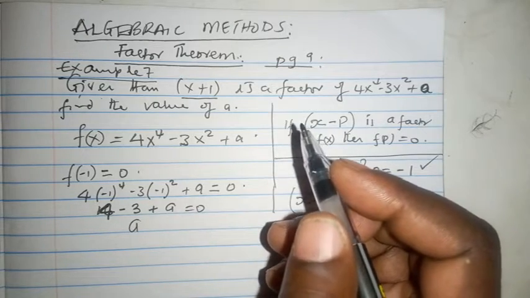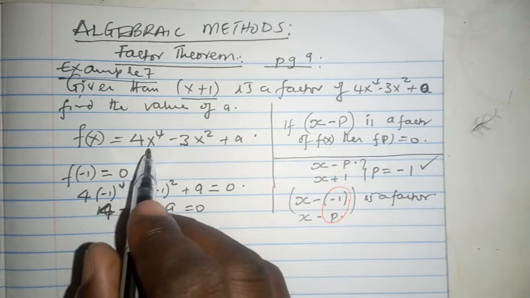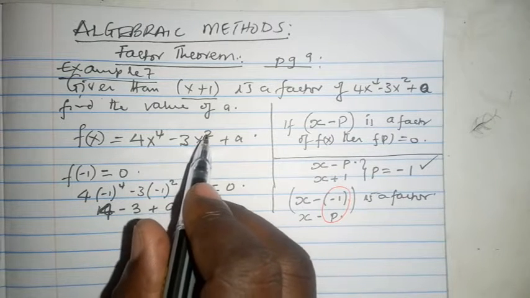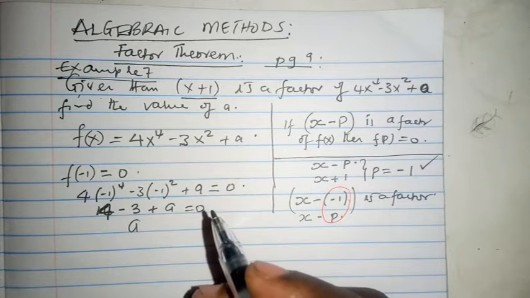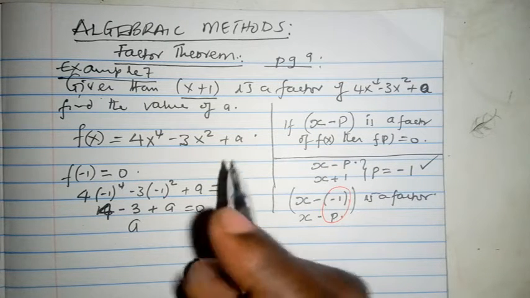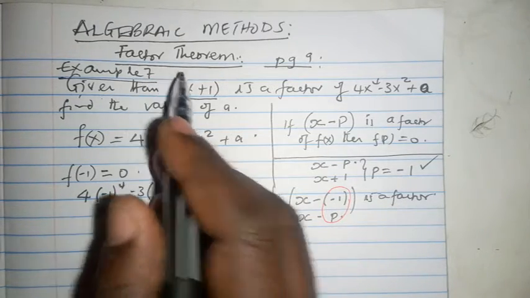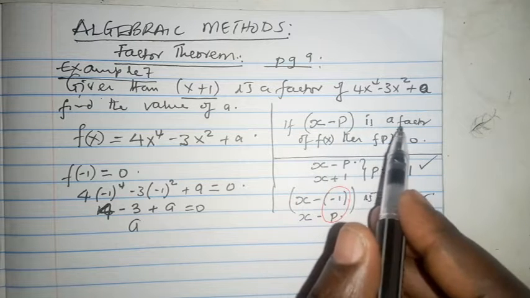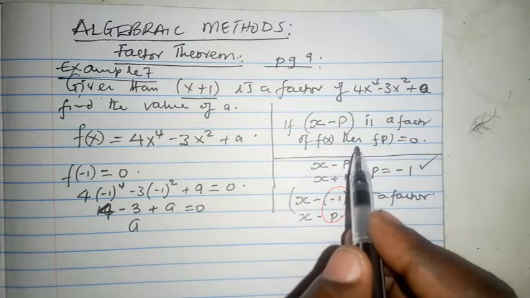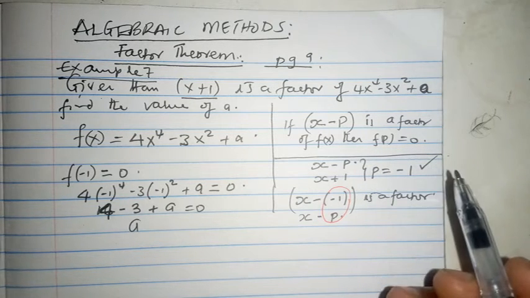One thing we must remember is that the function itself is 4x to the power 4 minus 3x squared plus a. And you remember in the previous videos, when we were introducing ourselves to the factor theorem, we understood that if x minus p is a factor of f(x), then f(p) is equal to 0.